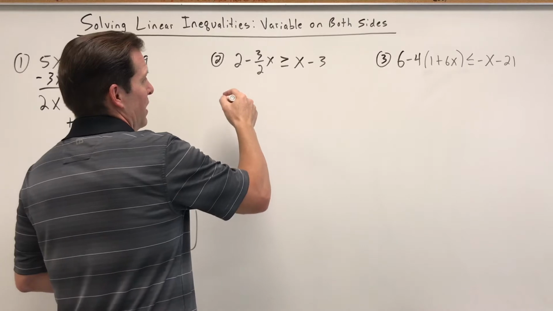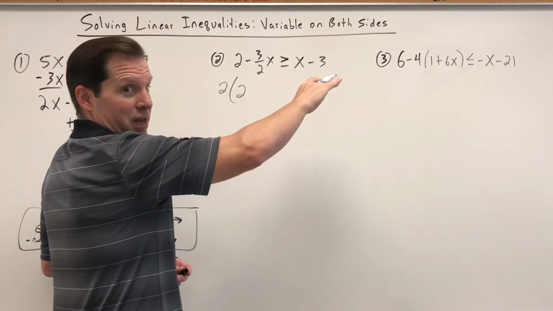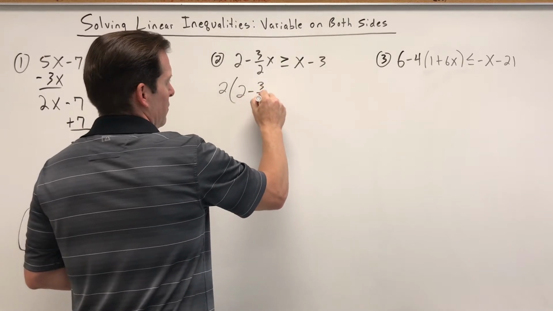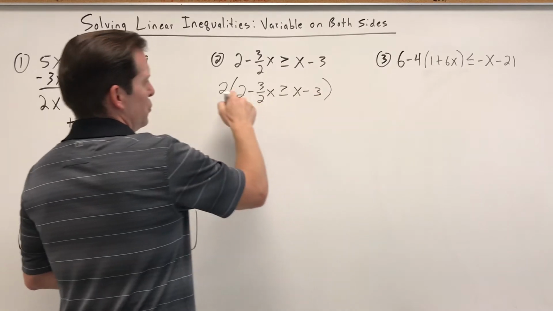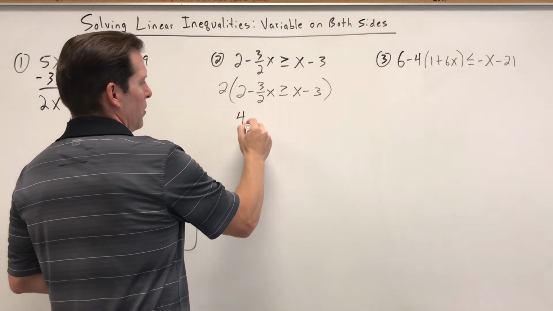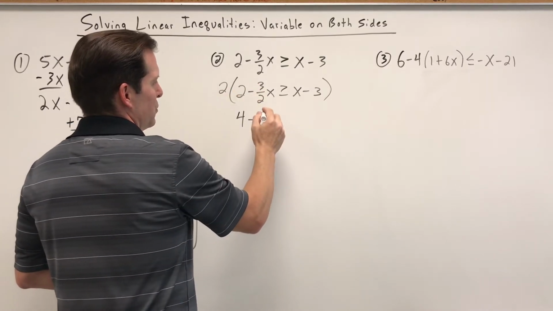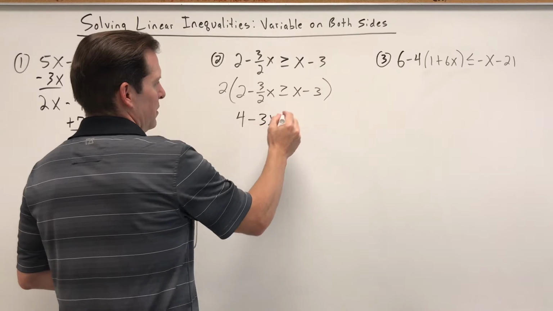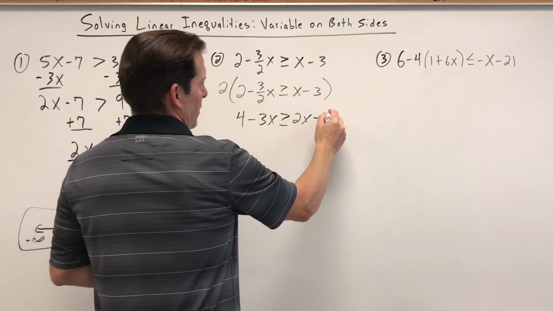this will reduce to a regular integer value, and you'll get rid of the actual fraction. So if I take this whole thing and multiply it by 2, you have to multiply everything. So I'm going to distribute this 2 to everything inside this inequality. That would give me 4 minus 3x greater than 2x minus 6.